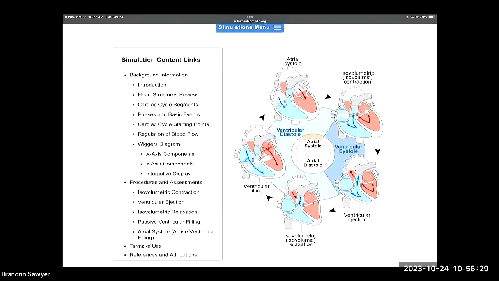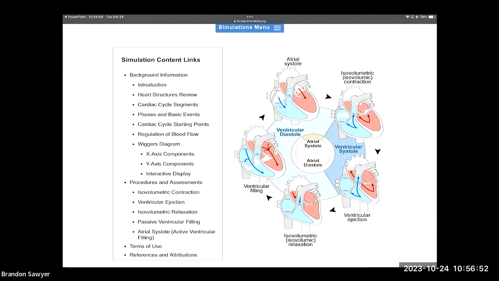Because blood was still coming back in our vena cava, even though our ventricles were contracting. So as soon as the pressure drops enough in the ventricle to be less than the pressure up higher in the atria, which is when the ventricles can relax, then all that blood that was filling up in the atria just can drop down into the ventricles.